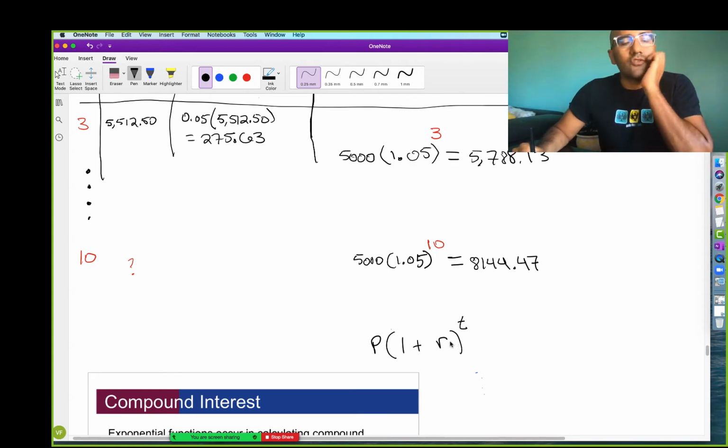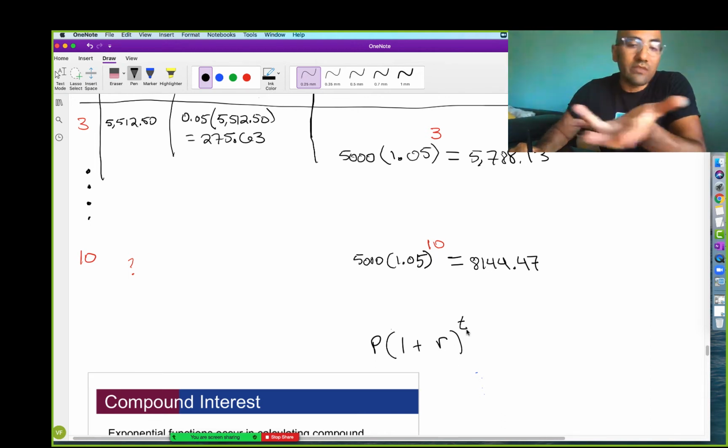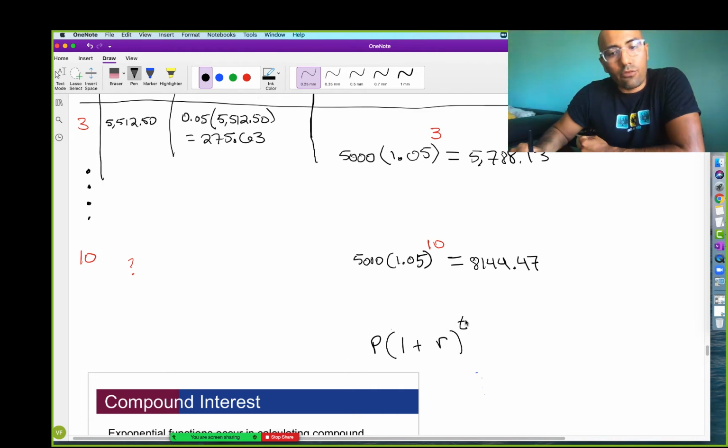And this works fine as long as the interest rate is in years and this is in terms of years. But what if they're not in terms of years? Then it turns out that it's the exact same formula as long as these two things match. If they're giving you the interest rate per month and then they're asking you 3 months later, it's the exact same formula.